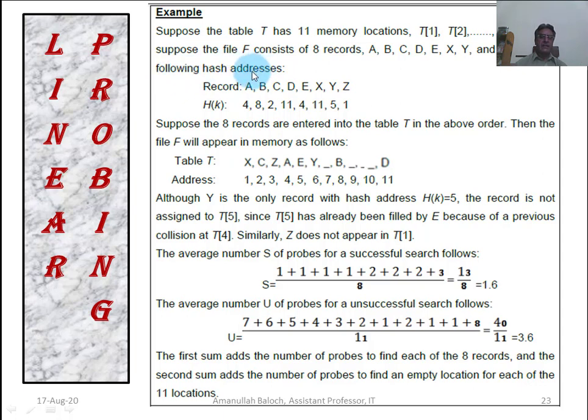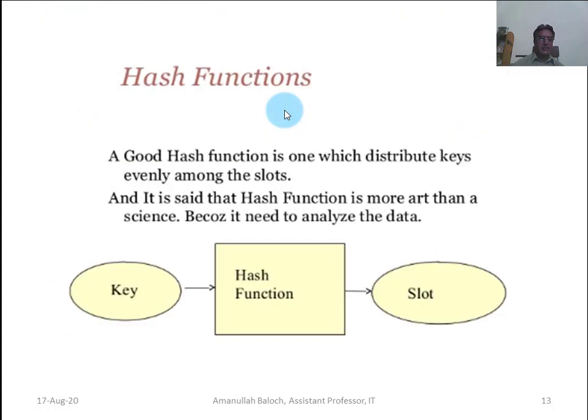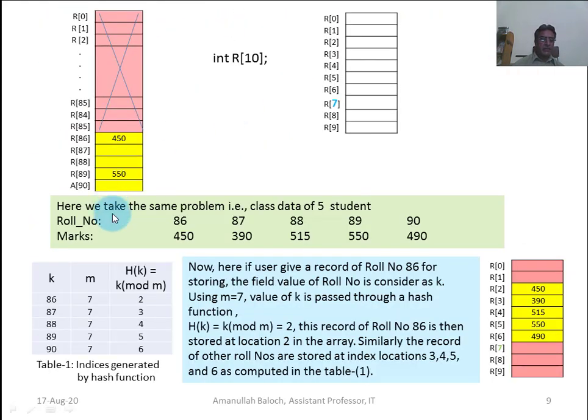Following our hash addresses, we have these records, and there are some keys which cannot be utilized to store the data in the array. So using the hash function, we have constructed these hash addresses. You may see that in our previous example, we are not using these keys.